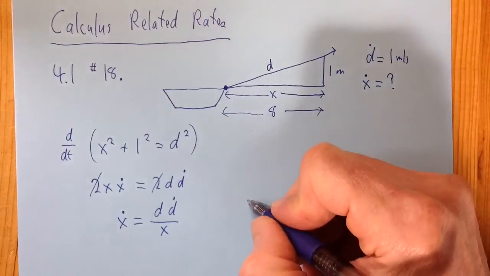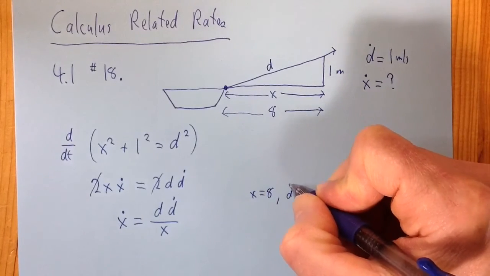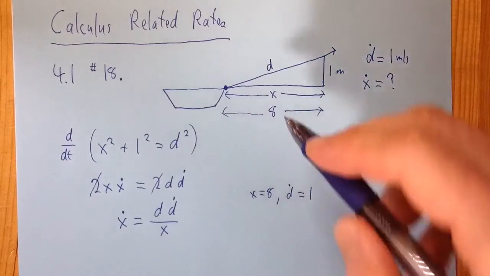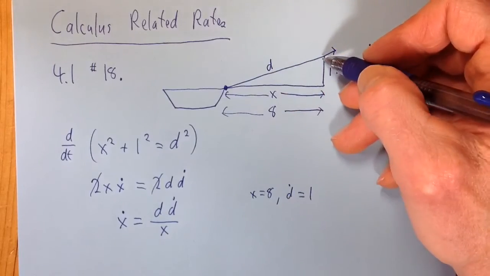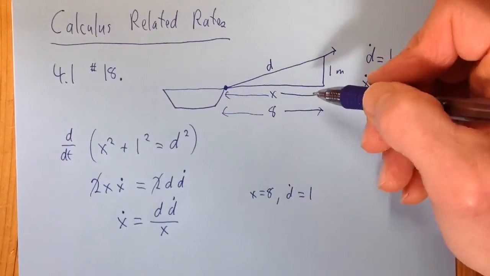X is 8. D dot is how fast the rope is getting pulled in, that's 1. But we don't know what d is, so we're going to have to use the Pythagorean theorem and solve for d. We need to know how long the rope is when x is 8 meters to figure out how fast the boat's moving.